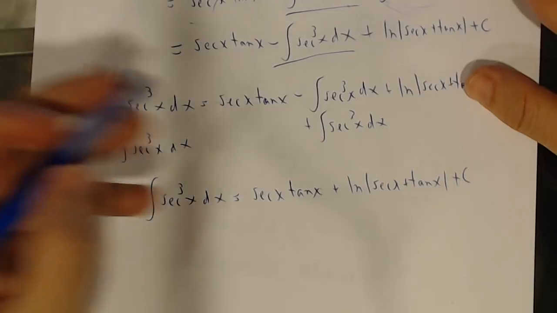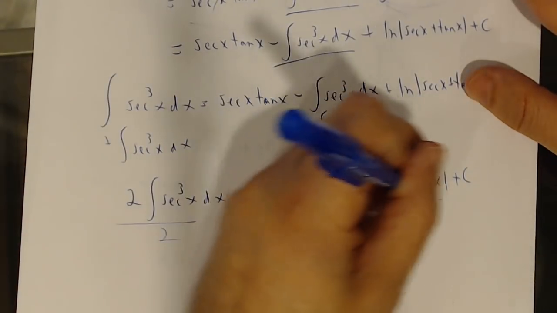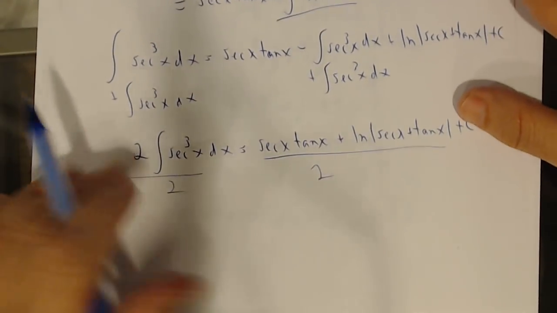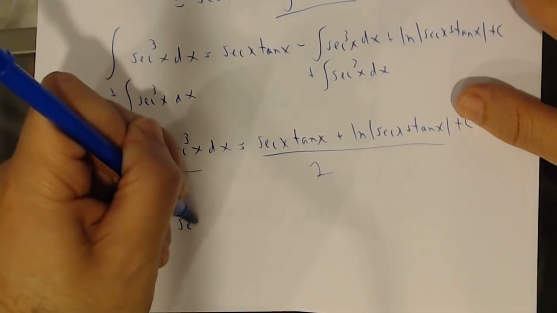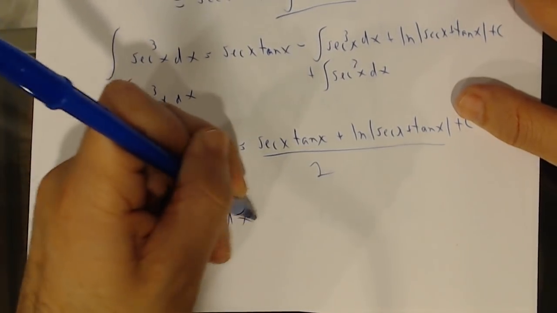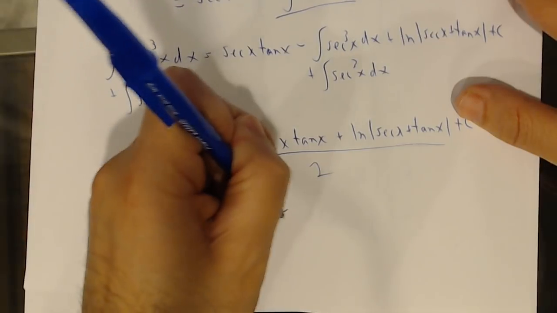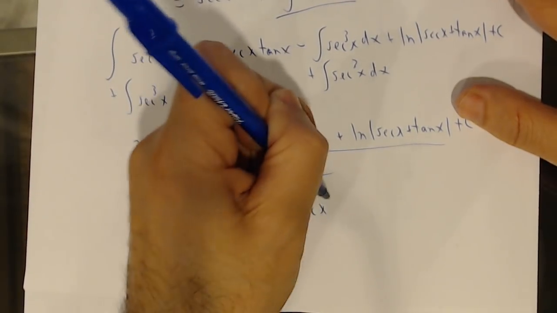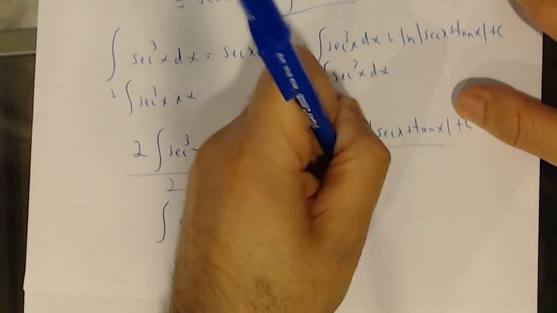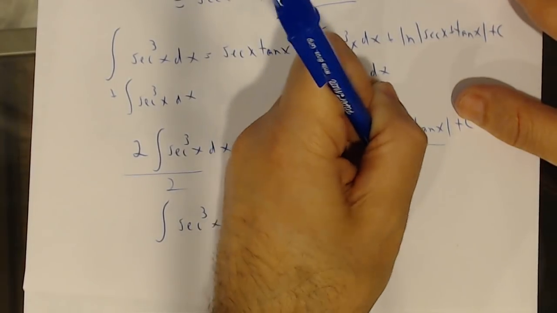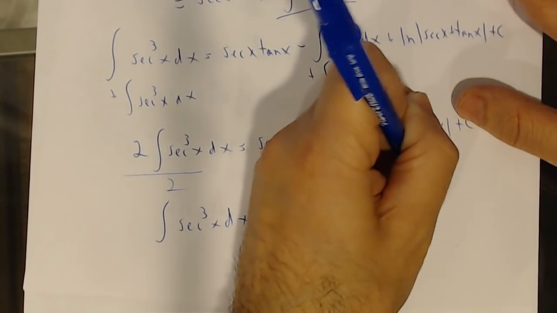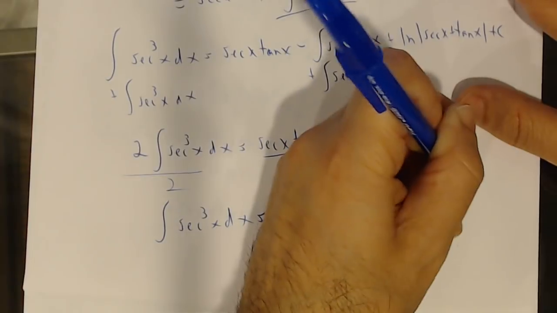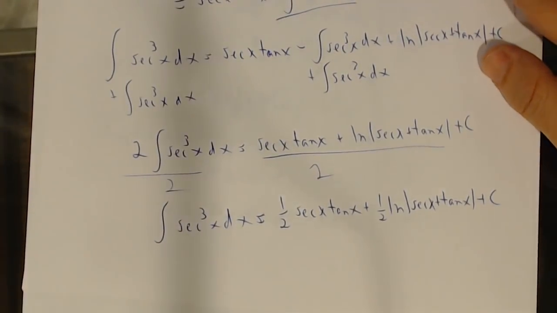And all I need to do is divide both sides by 2, which then the integral of secant cubed x dx equals 1/2 secant x tangent x plus 1/2 ln of the absolute value of secant x plus tangent x plus c. And there you have it.